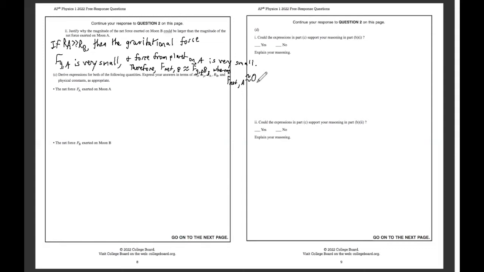All right, derive expressions for both of the following quantities, the net force exerted on moon A and the net force exerted on moon B. Well, that's actually easy enough because for moon A, all I have to say is that the net force on moon A is equal to Fg, comma, planet on A plus Fg from moon B. Well, we do know that gravitational force is capital G, so I'm going to get G. Actually, I do apologize.